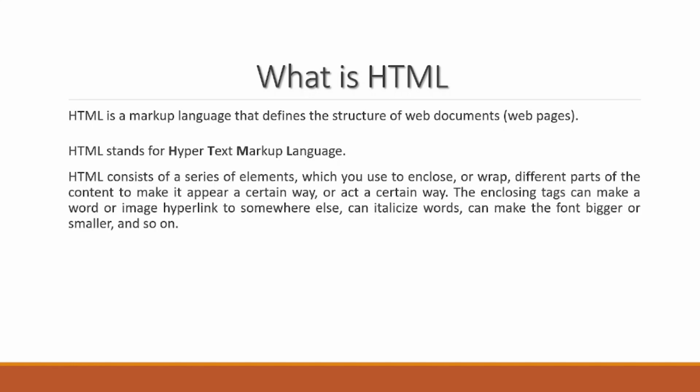HTML consists of a series of elements which you use to enclose or wrap different parts of the content to make it appear a certain way or act a certain way. The enclosing tag can make a word or image hyperlinked to somewhere else, can italicize words, can make the font bigger or smaller, and so on.